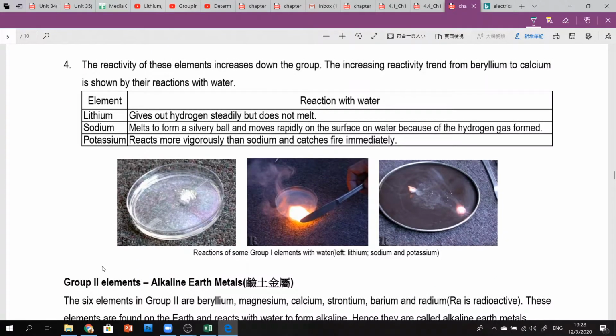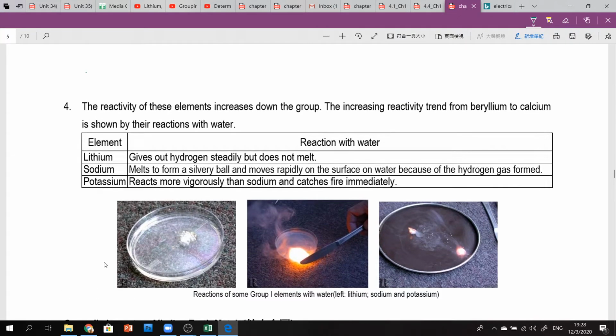One more thing is not just the explosion, but also the reactivity. Reactivity means the vigor of the reaction, how vigorous it is.